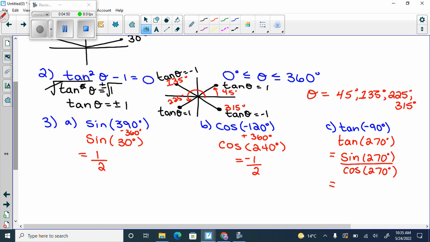What is sine at 270? What is the y at 270? Negative 1. And what's the cos of 270? What is the x at 270? 0. What happens when I divide by 0? Undefined.